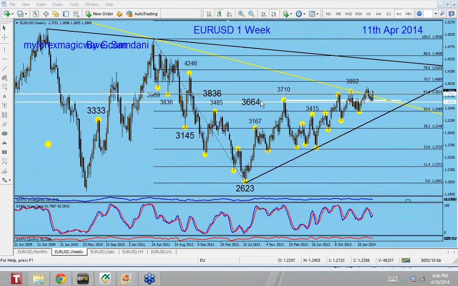It's not very easy to catch every single number, so I tried my best to pick these numbers and post them on the sheet. I need to update the sheet once in a while. So maybe this 3710 is not in the sheet, but it's very obvious and clear. If you open your weekly chart, you cannot miss it.